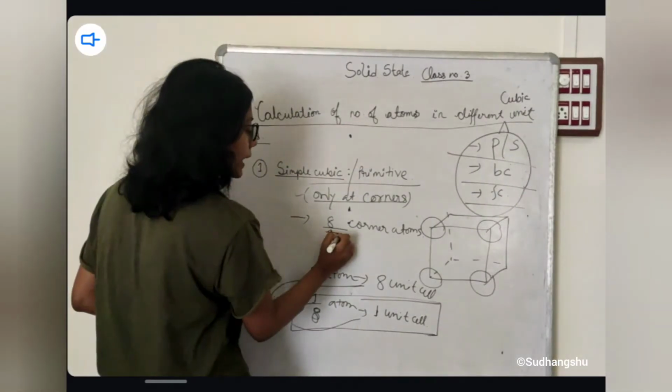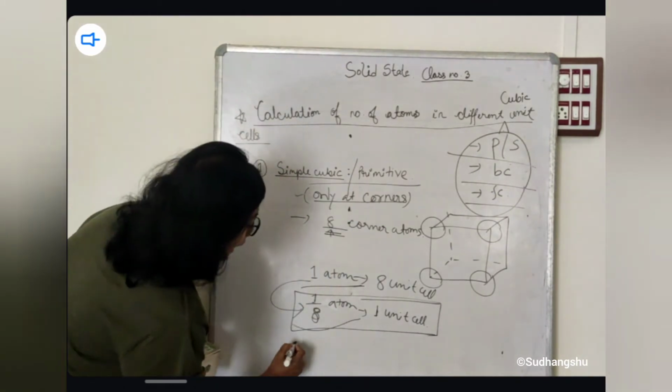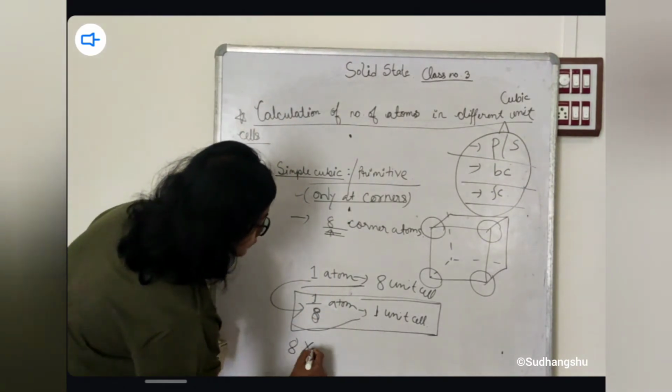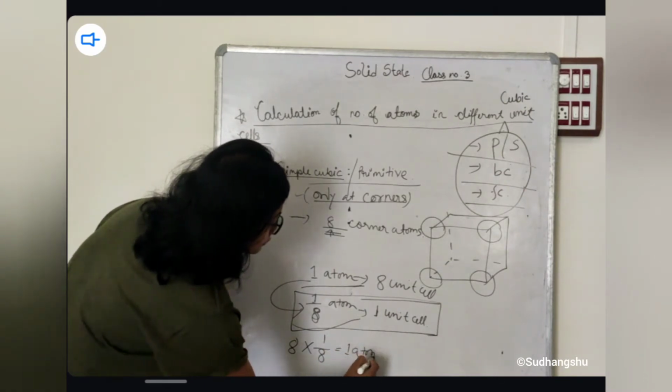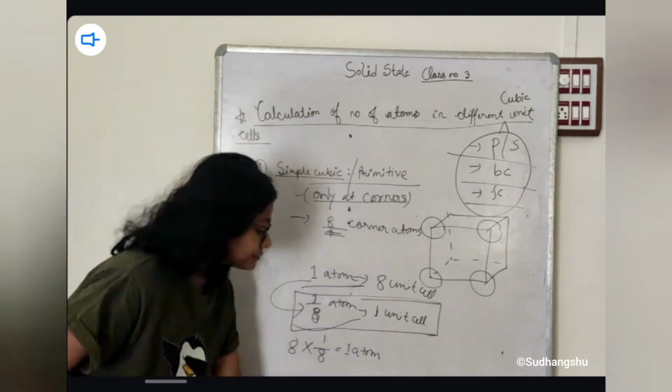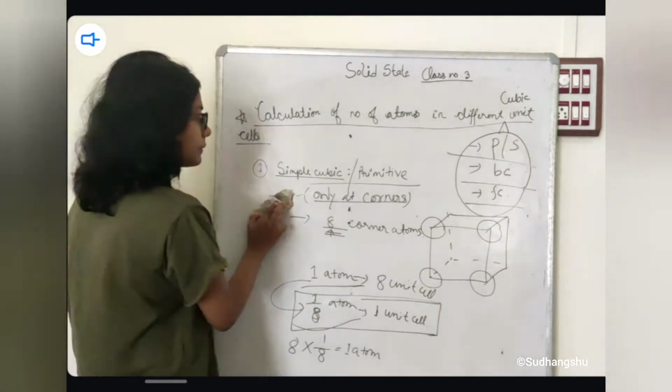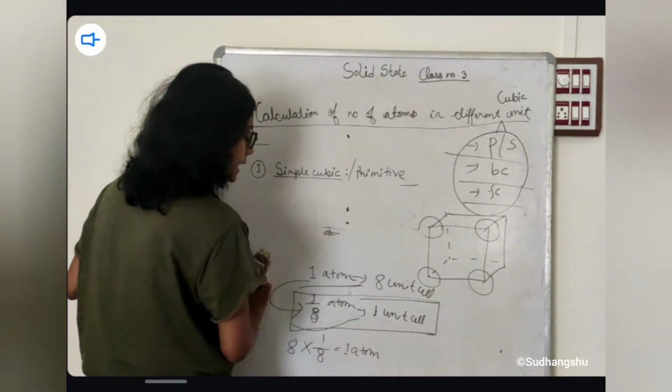So there are 8 corner atoms. So 8 corner atoms will contribute 1 atom. So number of atoms in simple cubic cell is 1.